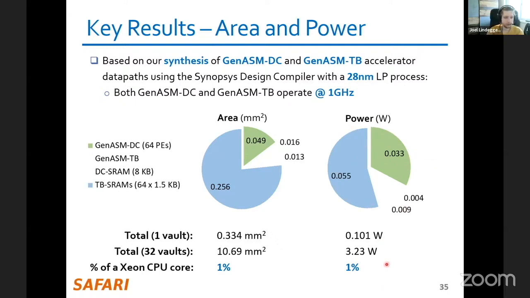But note that in total, this accelerator, which I believe is already 32 copies of the accelerator here, is just 10 millimeters squared. That's tiny, right? That's 0.1 centimeter squared, or about a hundredth of what a modern CPU uses. In terms of power, also 3 watts, that's much less than your phone uses.